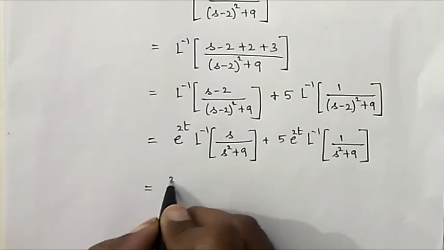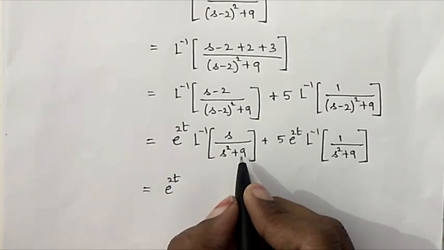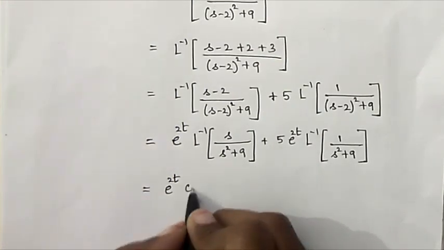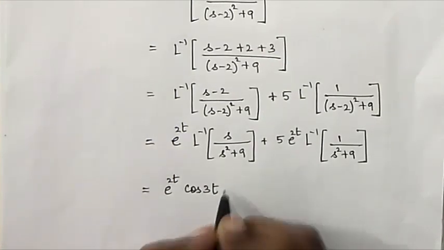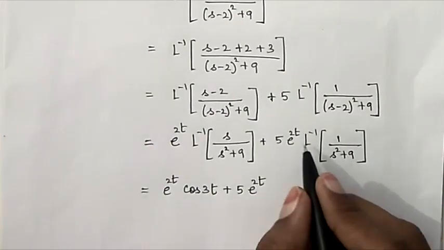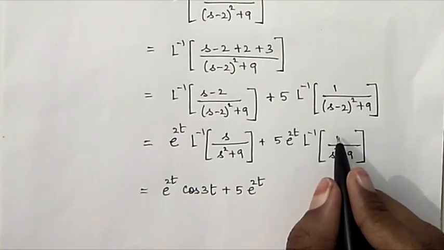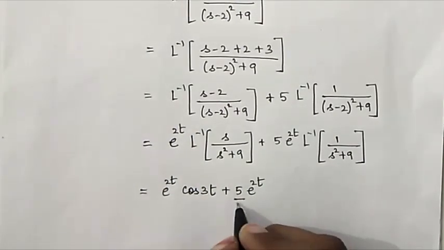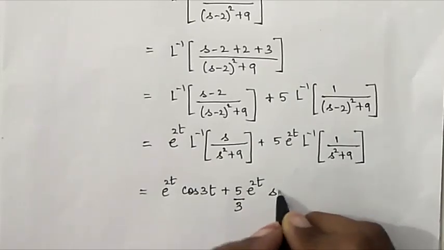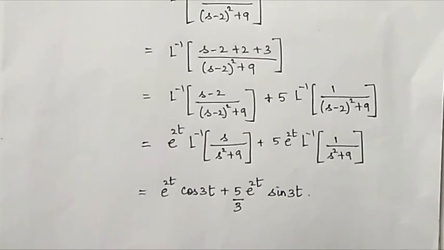So by formula, L inverse of s by s square plus a square, here a takes the value 3, is written as cos 3t plus 5 e power 2t. This is in the form of L inverse of a by s square plus a square. A takes the value 3. A is missing here, so we will divide by a where a is 3 and this is sin 3t. So this completes the sixth problem.